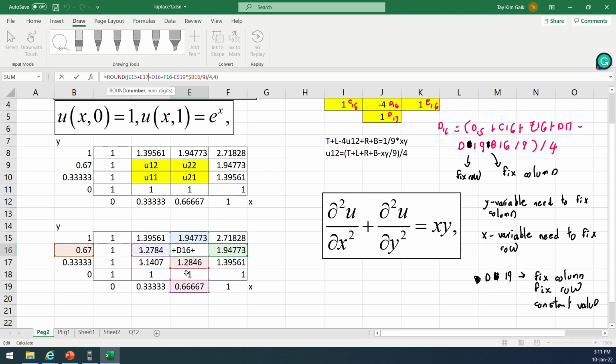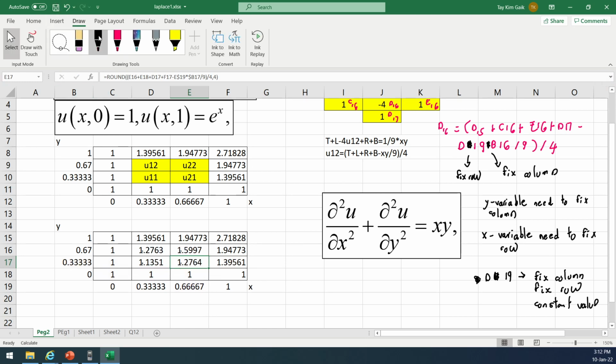We move to the next column, and you see Y is correct, X is correct. Now select two and copy it down. Let's see. X is correct, Y value is correct.